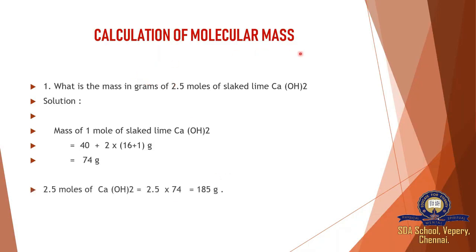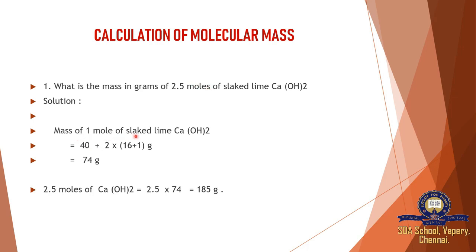Calculation of molecular mass. Here the question is, what is the mass in grams of 2.5 moles of slaked lime, that is calcium hydroxide? The solution: first we have to find the atomic mass of the individual atoms, then add them together. Finally we can find how much mass 2.5 moles of calcium hydroxide contains.